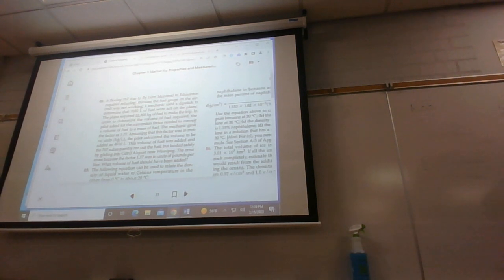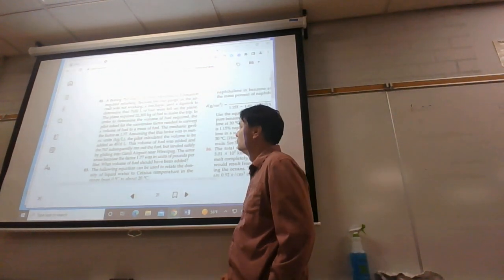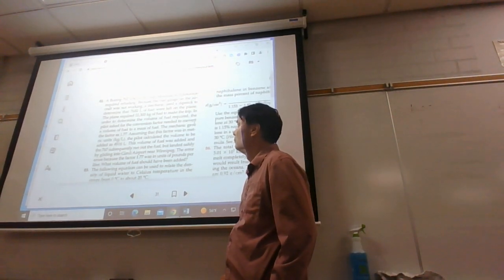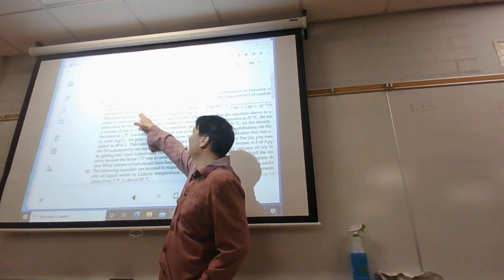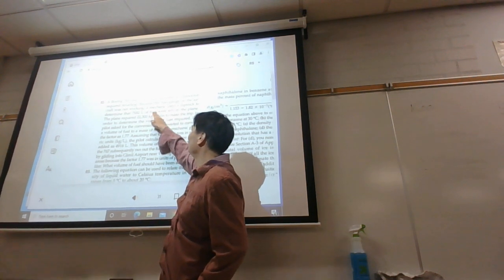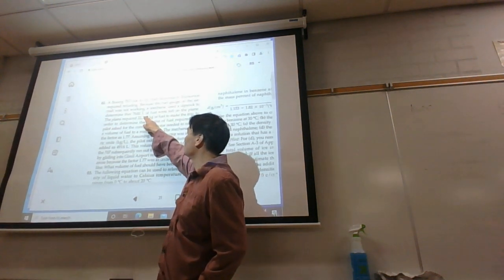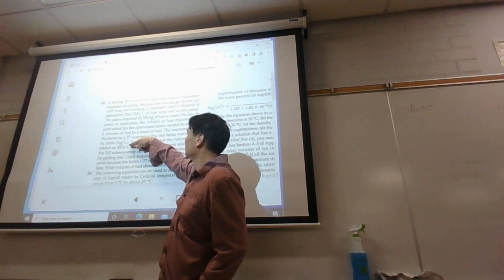So how would you solve this? Assuming the density is correct, we have liters of fuel, and then we can convert that to mass of fuel.